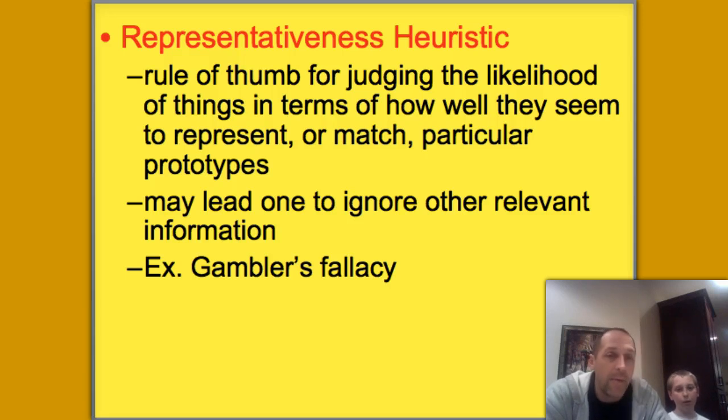No matter how many times heads has come up in a row, the 11th attempt will still be a 50-50 shot as to whether you get heads or tails, every single time you flip the coin. You're thinking, come on, it's been heads 10 times, but you'd be wrong to think that you have any greater chance of getting tails on the 11th flip.